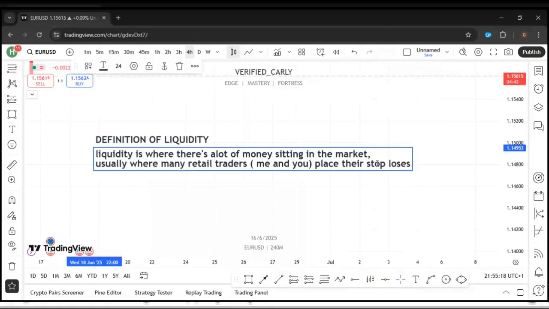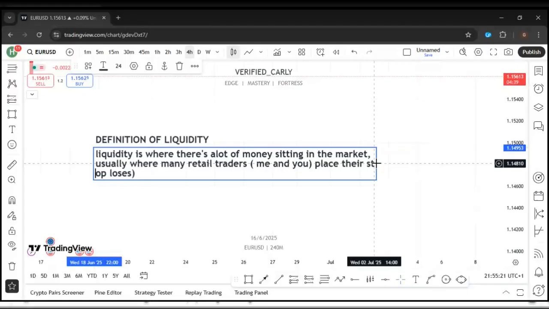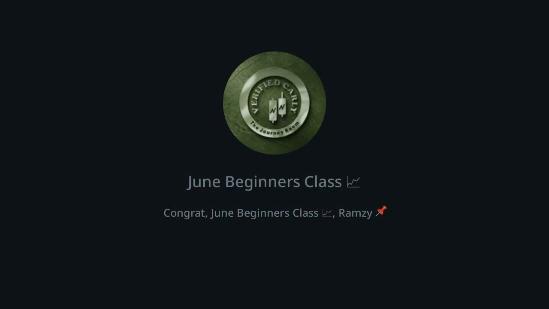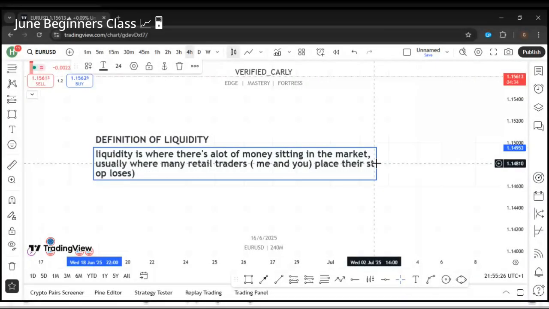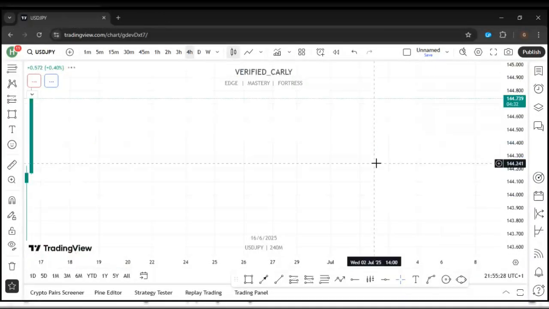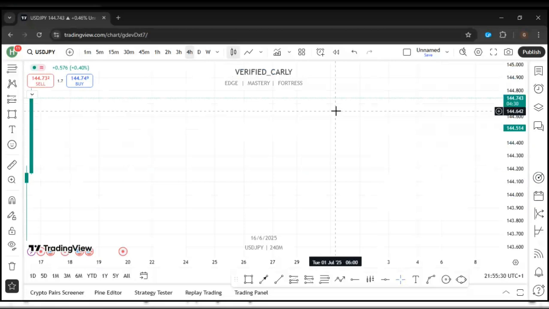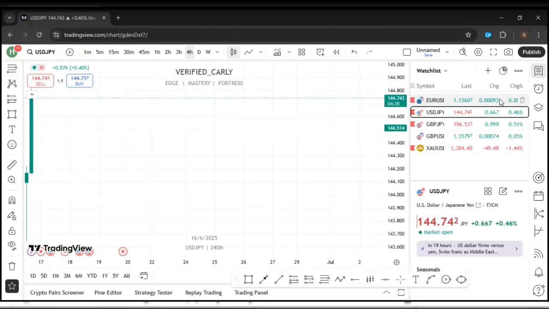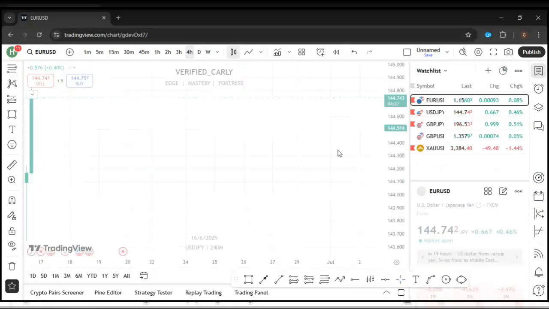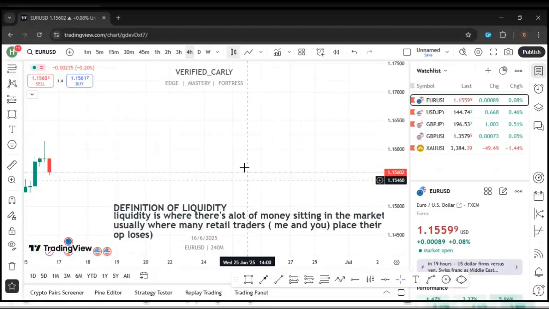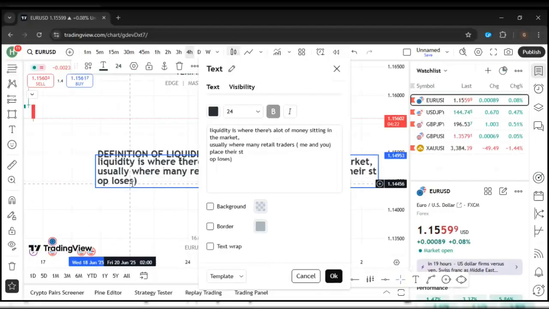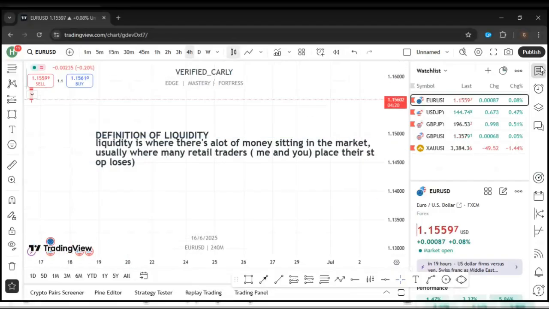But the smart money. Let me go back to this EUR/USD chart. Place their stop losses. Let me place.